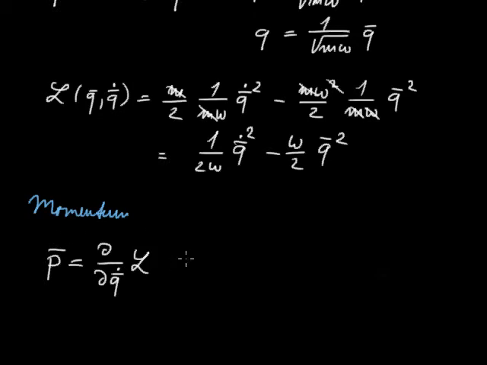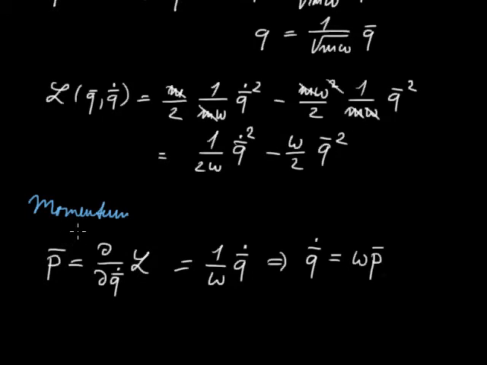When I take this and take the derivative with respect to q bar dot, that gives me 2 q bar dot, and it's divided by 2 omega. So I get 1 over omega q bar dot. That tells me that q bar dot has to be replaced by omega p bar.